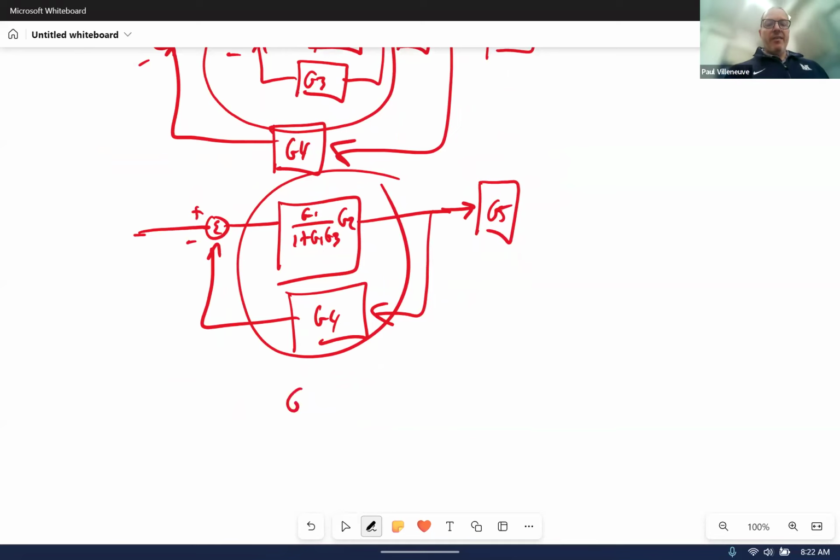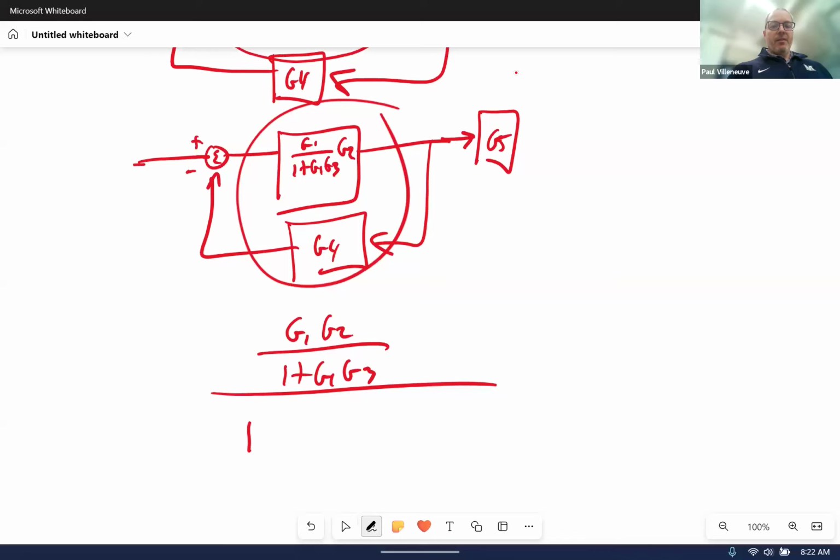So we have G1, G2 over 1 plus G1, G3, all over 1 plus G1, G2 over 1 plus G1, G3 times G4.